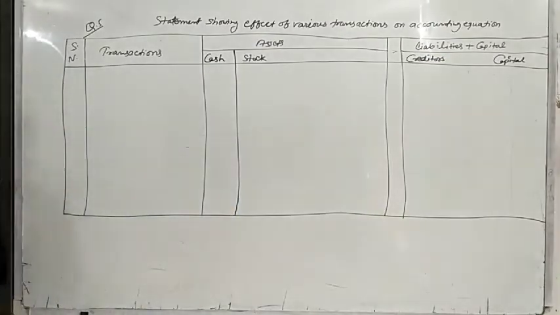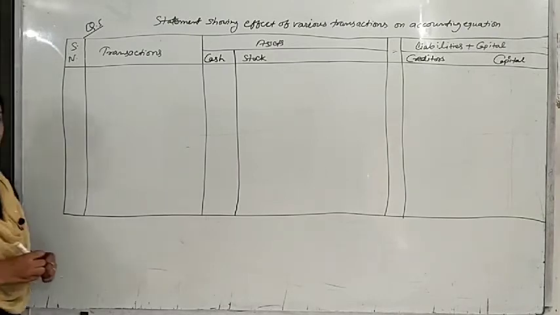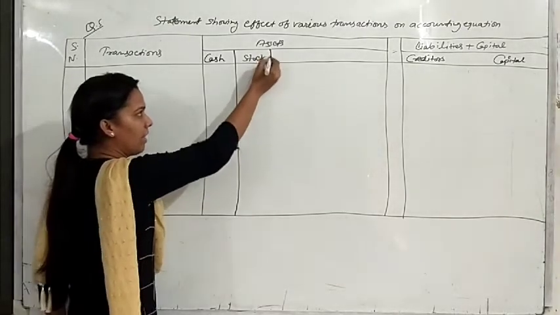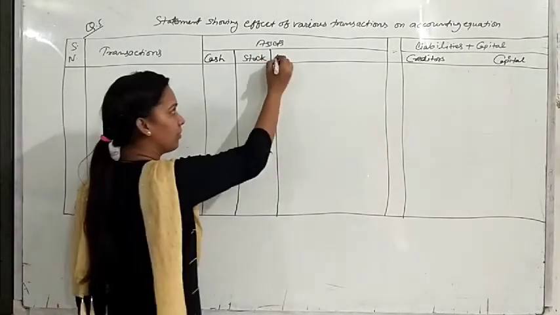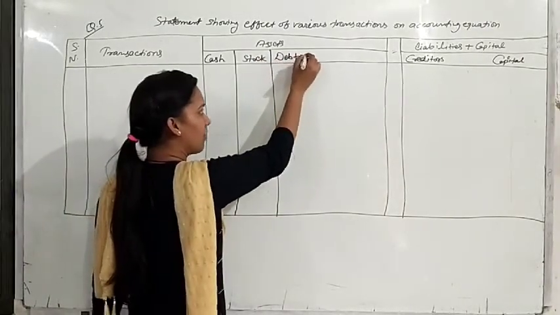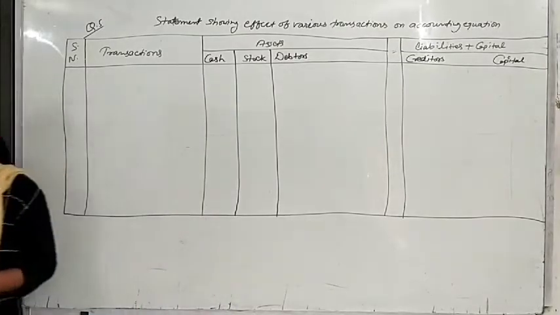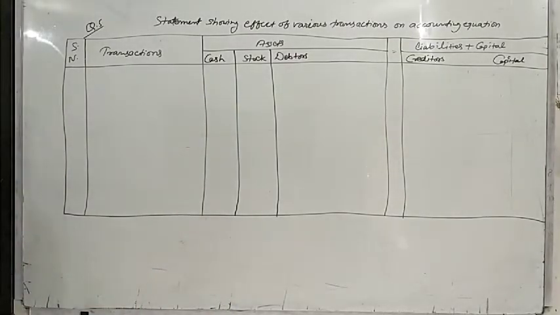Third transaction, sold goods on credit to Manish. So first account will be stock account, and second, debtors account.